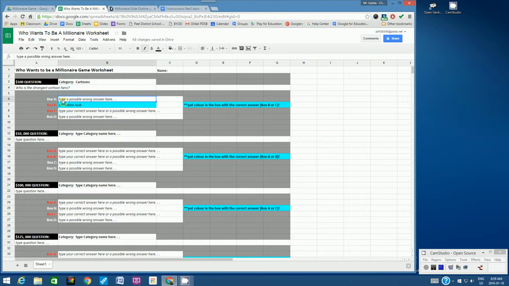However, if they choose to use the 50-50 option, it's always good to have an answer that's close to your right answer, also in a box with red text. So if you're really debating between Incredible Hulk and, let's say, Iron Man, then that would be a good answer to put here as my other red-fonted answer.